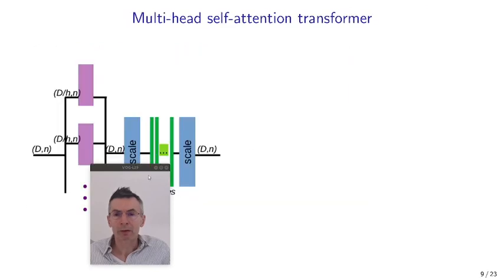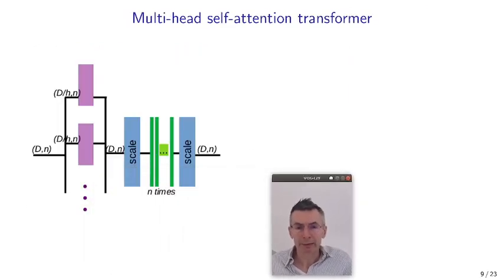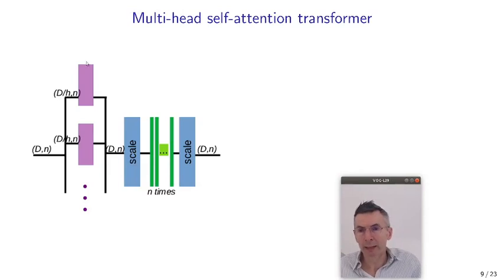Now the whole construction is what I just described, but what they do is, instead of processing all of the dimensions at once, they process them in blocks. So they decide a certain number of heads, as they're called, and that is the number of blocks of this d that they process at a time.